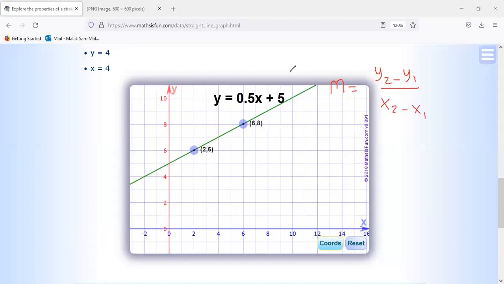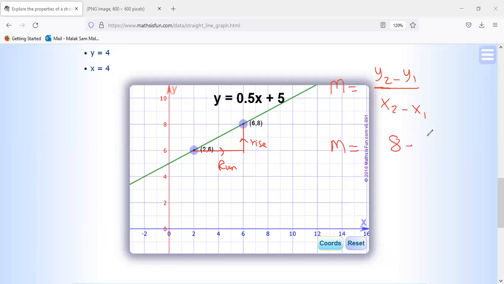Do you know that the change in y is the rise, and the change in x is the run? So this is the run, and this is the rise. I want to show you that we can find the gradient from y2 minus y1 over x2 minus x1.